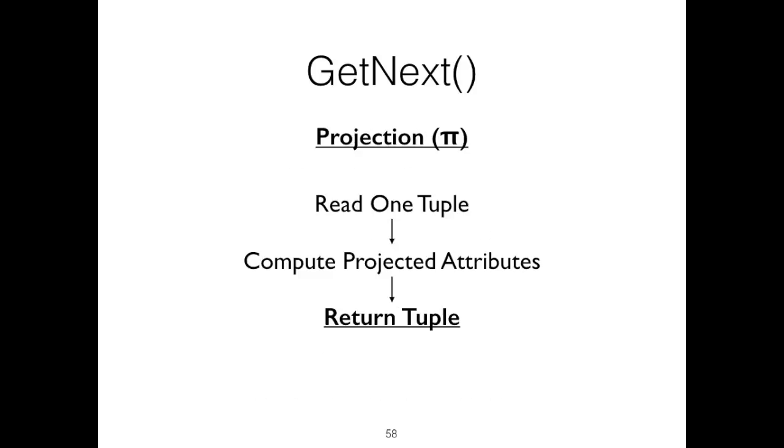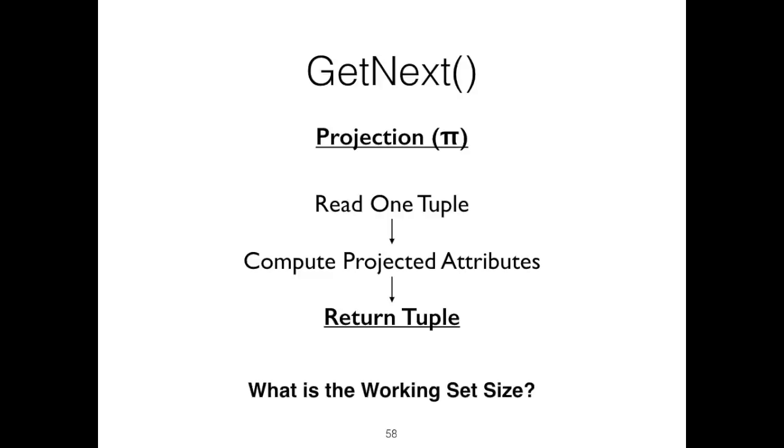All right, let's take a look at projection. So projection has an input. It has to read something from an input operator. You can do that by calling getNext on whatever its input is. Once it does that, it figures out what the output tuple is, it's a one-to-one mapping, and it returns that.